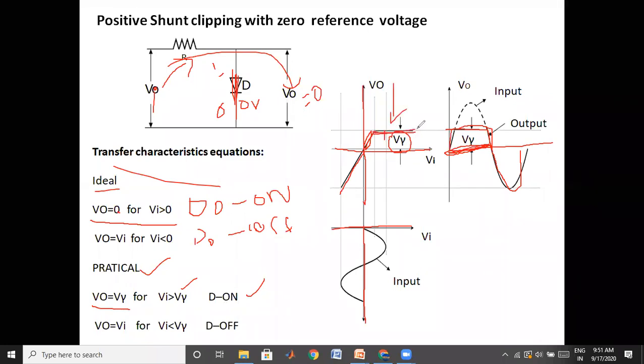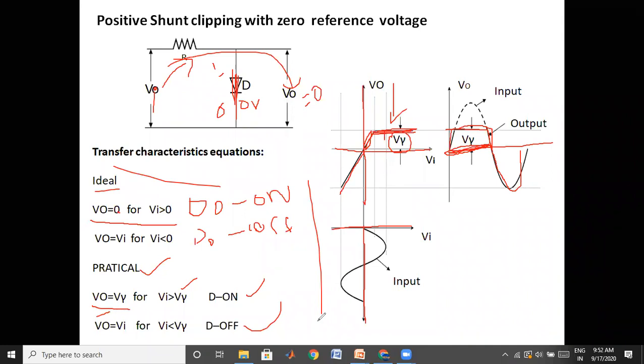When the input voltage is less than the cut-in voltage, the diode will be off, and whatever the input is, we are going to get at the output terminal. This may be your practical, and this may be your ideal. This is regarding your transfer characteristics.